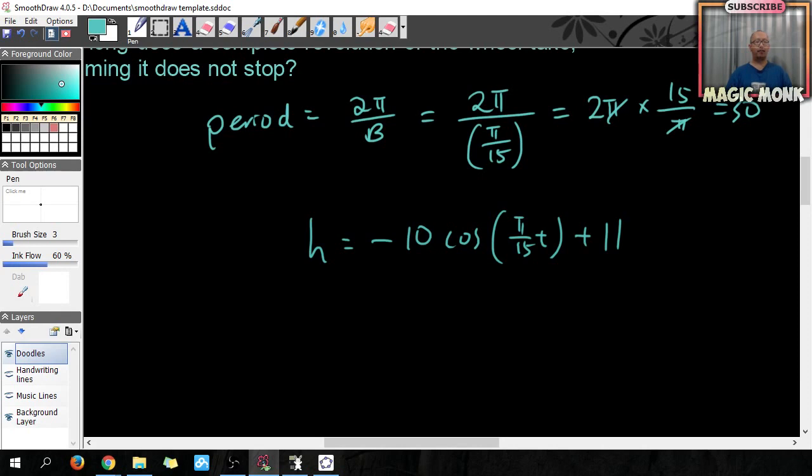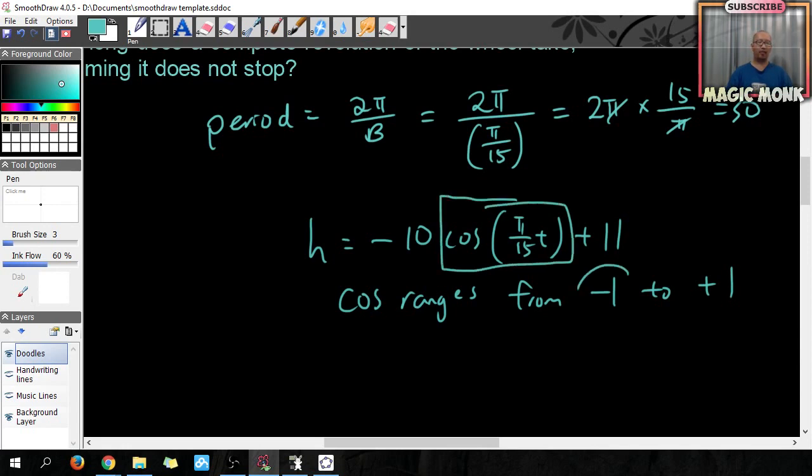So h equals negative 10. Now you can say cosine ranges from negative 1 to positive 1. Right? This value in the middle cannot go beyond negative 1 to positive 1. So if we want the minimum h, the minimum occurs at negative 10 times.